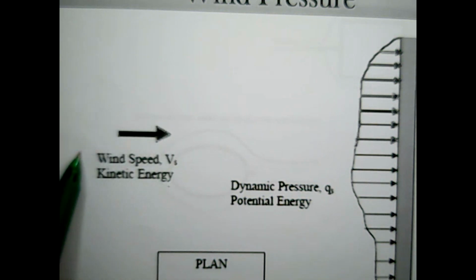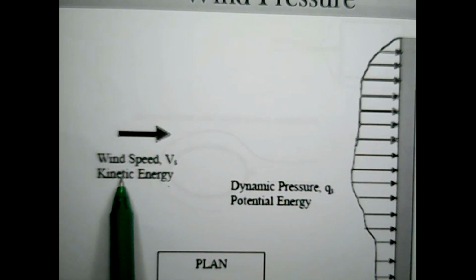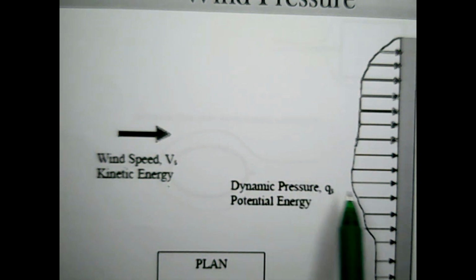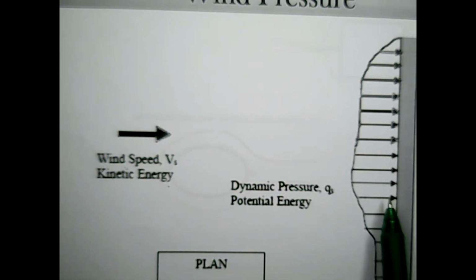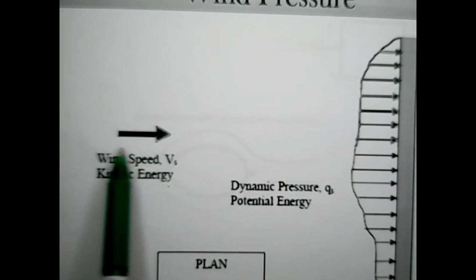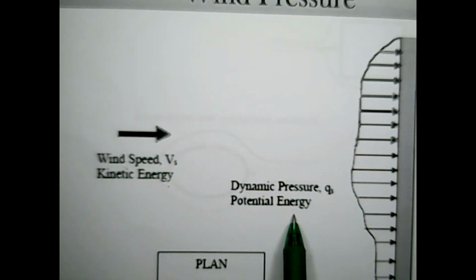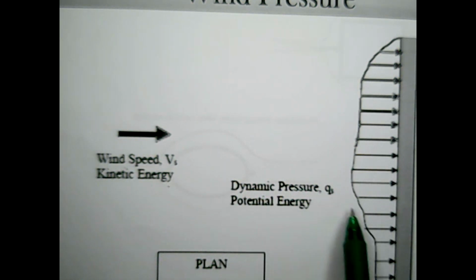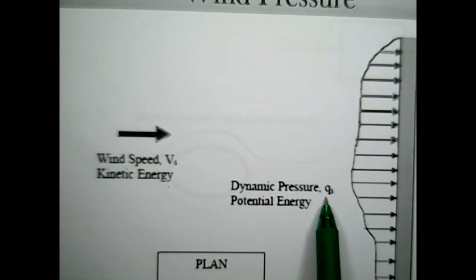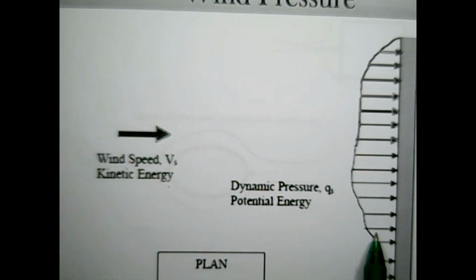So when the air movement is stopped by a structure, meaning that the air mass travels a certain distance and hits the structure, the kinetic energy is converted to potential energy. So this wind is converted to potential energy, which exerts a dynamic pressure, Qs, on the external pressure of the structure.